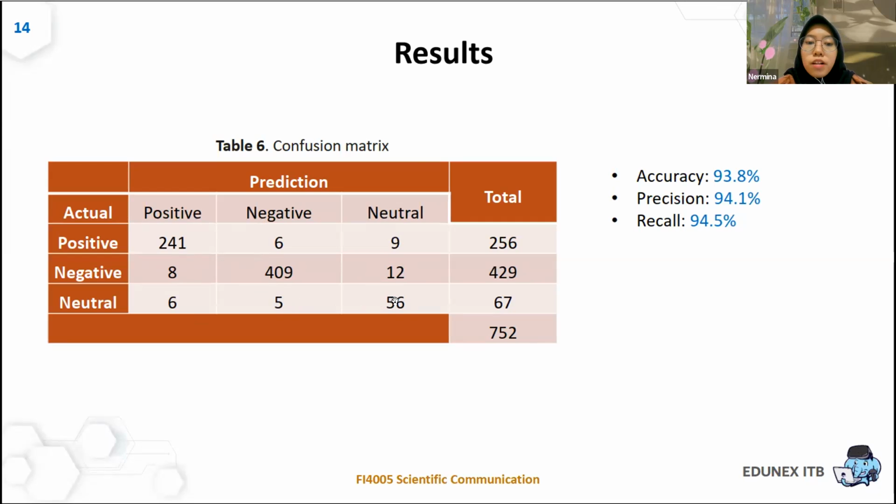And the neutral category is 56 being in the neutral category, with 6 and 5 being false positive or negative. From the confusion matrix, we can conclude that the accuracy value of this research study is 30.8%, the precision value is 94.1%, and the recall value is 94.5%.